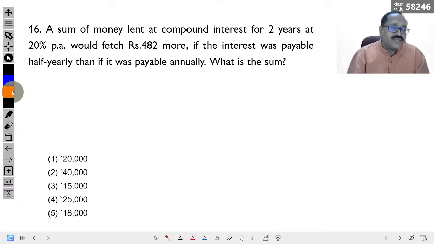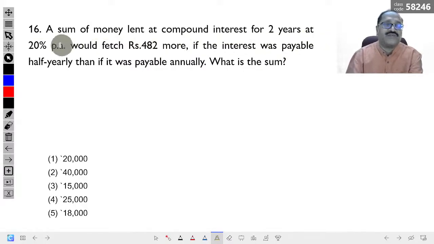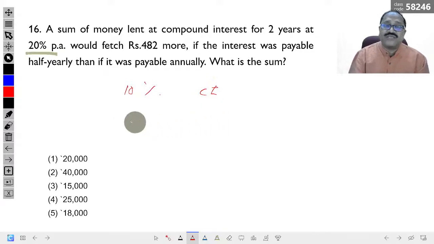Question number 16. ये क्या है? A sum of money is lent at compound interest for 2 years at 20% per annum. You are expected to know 10% per annum for 1 year. अगर compound interest है तो 2 years में कितना हो जाएगा?